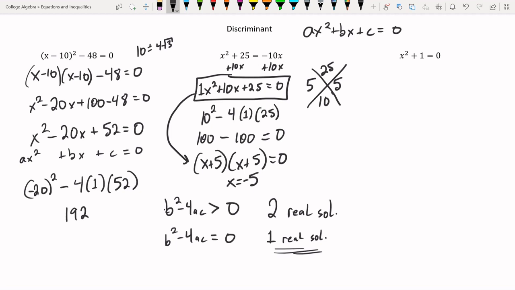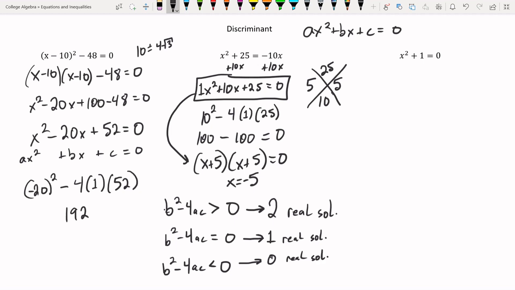Now the final type is when b squared minus 4ac is less than 0. The question here is what do you expect it to be? Well, there were 2 when it was greater than 0, and there was 1 when it was equal to 0. So less than 0, it's actually going to be 0 real solutions.